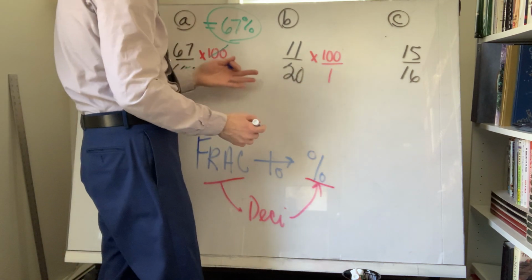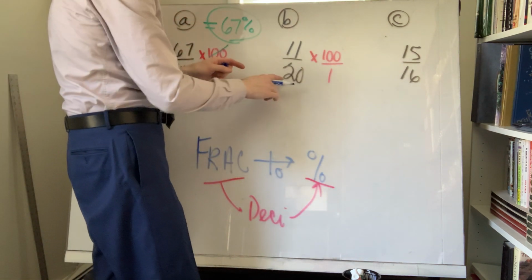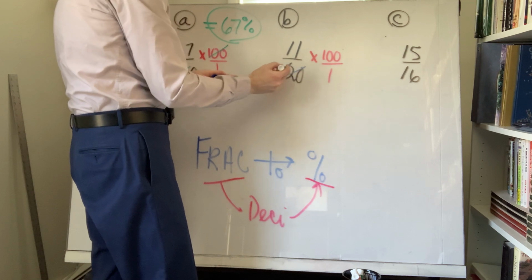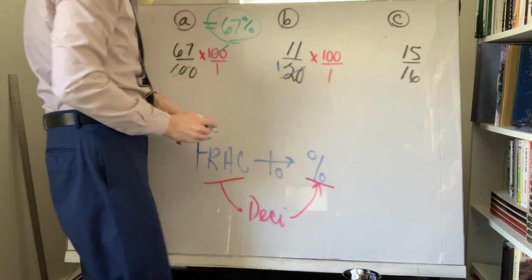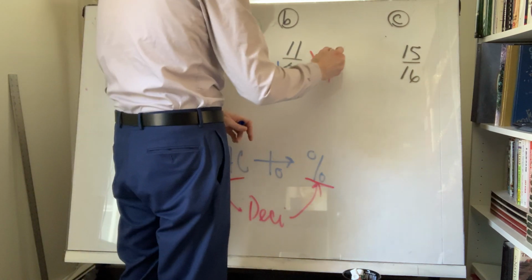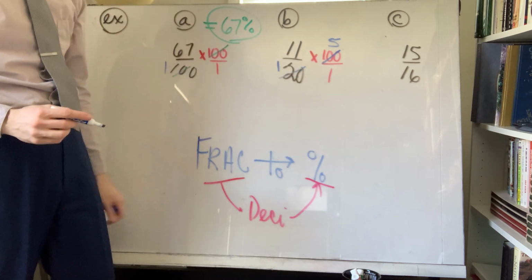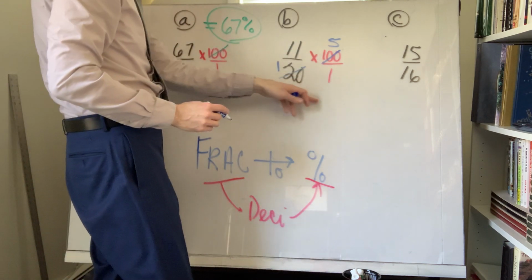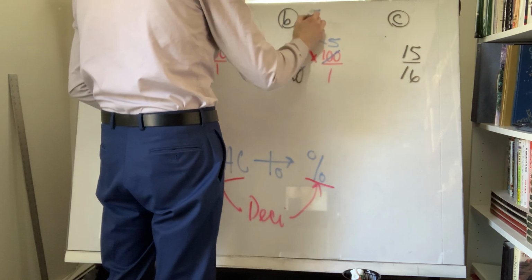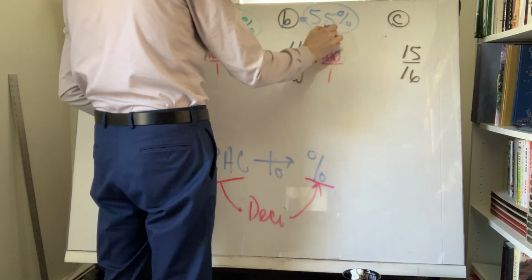The GCF, the most efficient way of simplifying, would be to use 20, because that's the greatest common factor. 20 divided by itself would be 1, just like 100 divided by 100 would be 1. 100 divided by 20 would be 5, because 5 times 20 is 100. There are just ones on the bottom here, you don't really need to pay attention to them, but if you multiply across the top, you'd end up with 55, which is now a percentage.